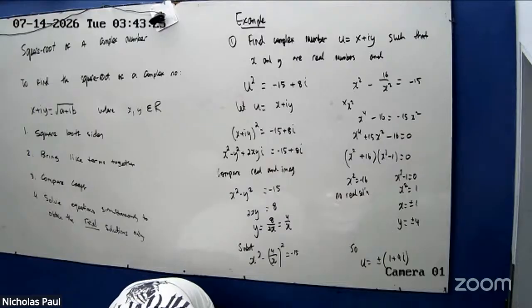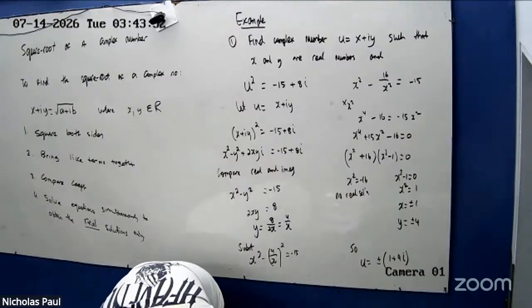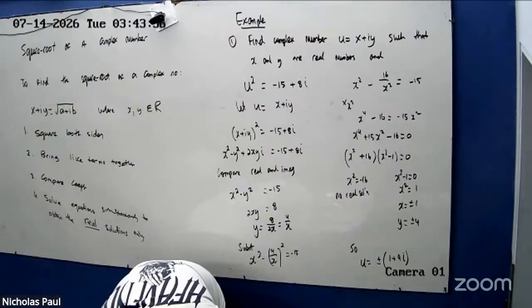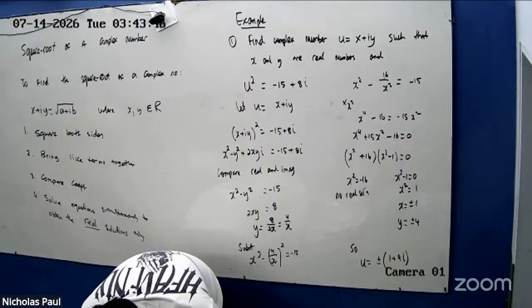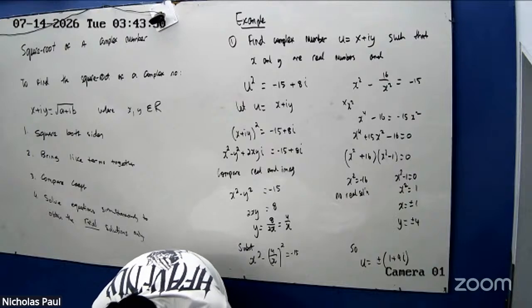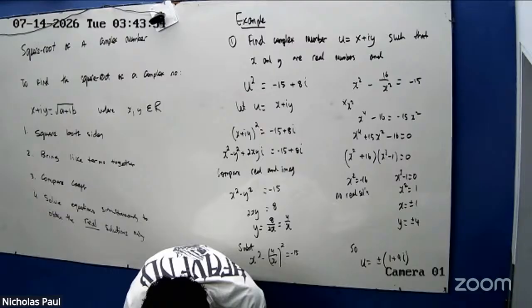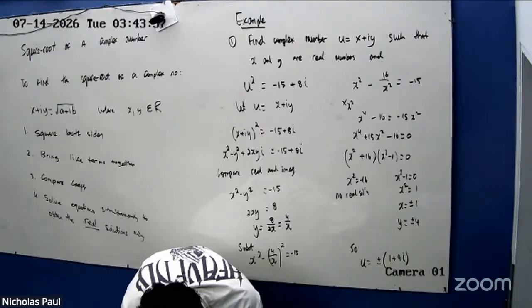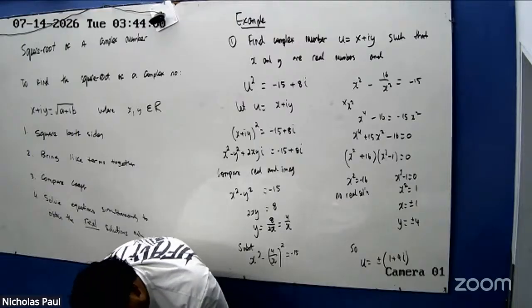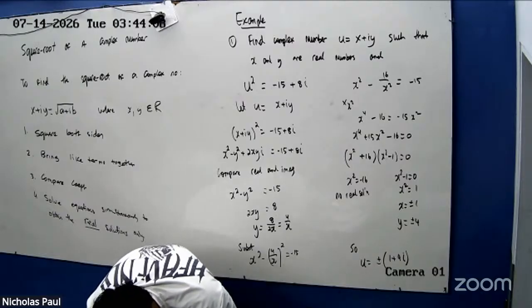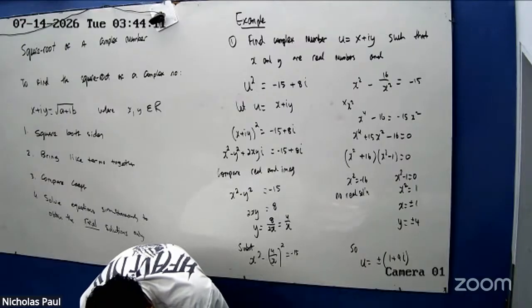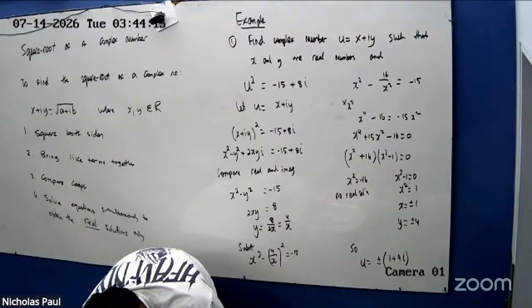Let me see. You square and plus. There you get 4 minus 4. So if you can get y is 4.